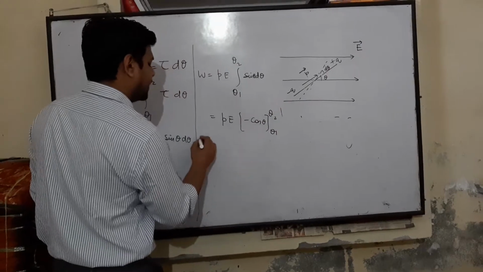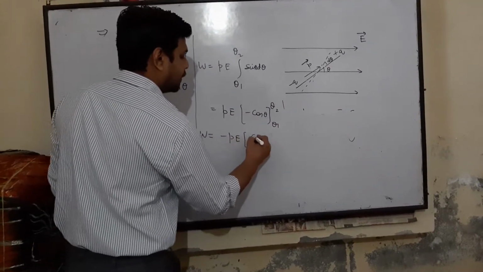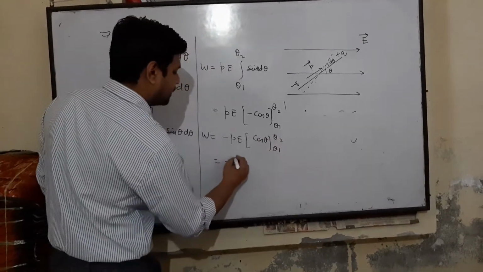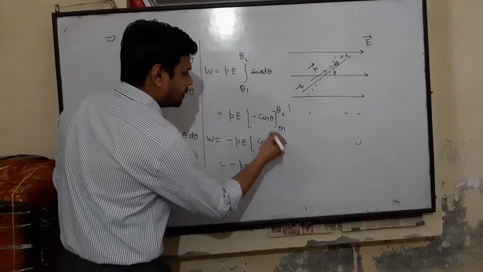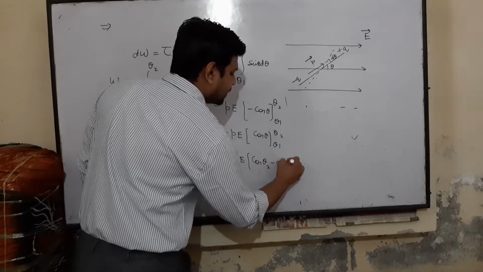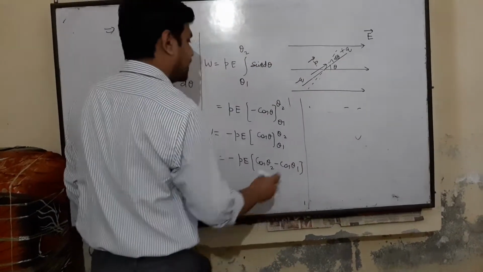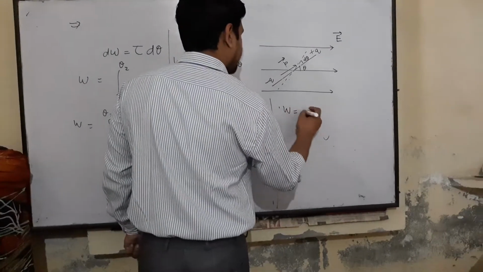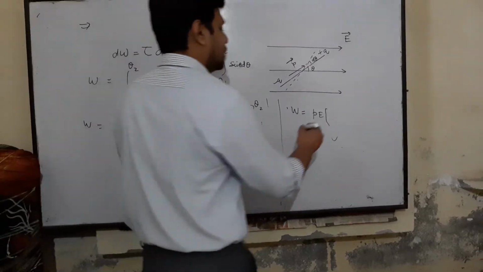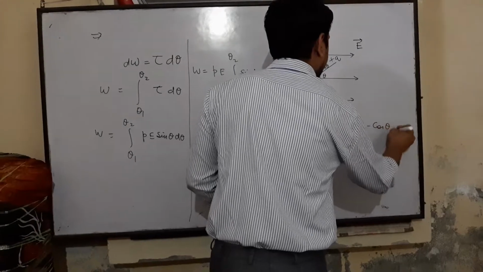We take this negative sign outside the expression: minus PE times cos theta from theta 1 to theta 2. Putting in the limits, minus PE into cos theta 2 minus cos theta 1. This is W. Or we can write W equal to PE into cos theta 1 minus cos theta 2.